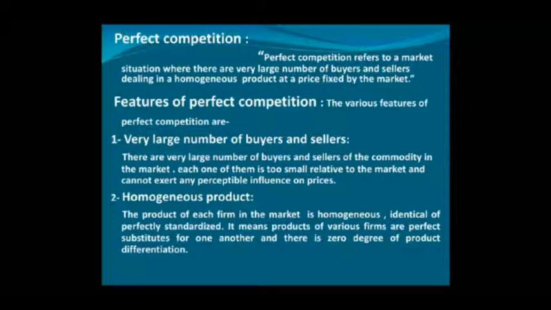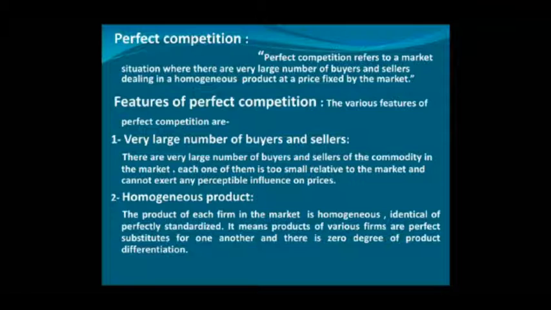First, very large numbers of buyers and sellers. In a perfectly competitive market, there are very large numbers of buyers and sellers. It means that the number of sellers is so large that the share of each seller is insignificant in total supply. Hence, an individual seller cannot influence the market price.